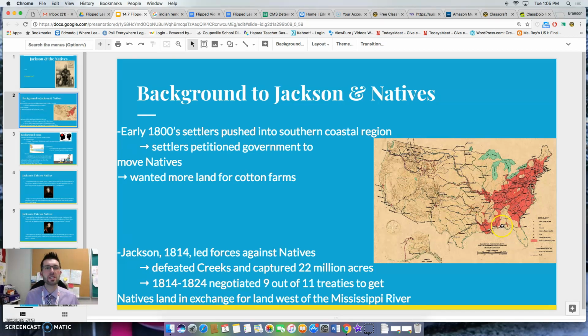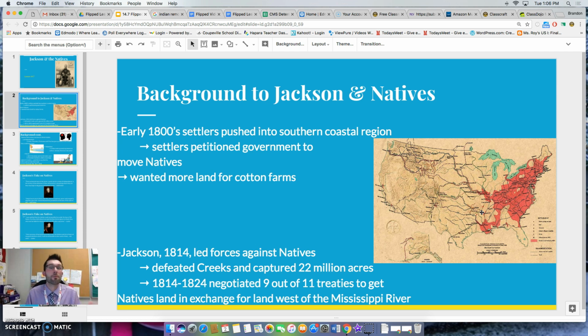Settlers even petitioned the government, looking for more land in present-day Alabama and Georgia. What they wanted is to get the Cherokee, the Creek, the Choctaw, the Chickasaw, and the Seminole natives out of that area. Now, you may be wondering to yourself, why would American citizens, who must be hardworking farmers, want to get rid of these Native Americans who are living there?